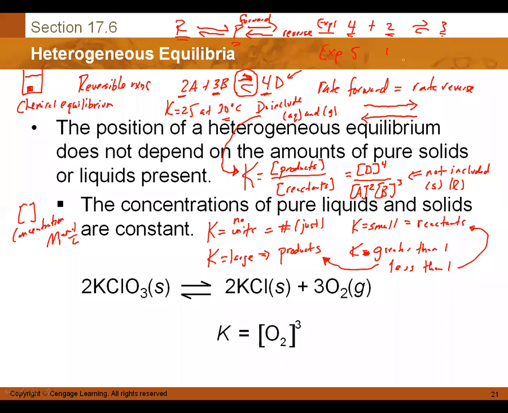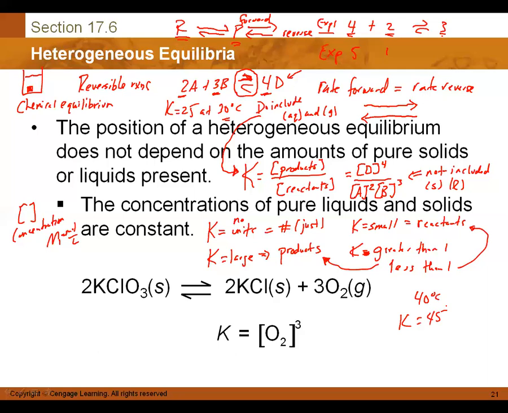So you can start with different amounts of reactants and different amounts of products. But as long as you keep the temperature at, say, 30 degrees, the ratio of the products to reactants will always be the same number, or pretty close to the same number. Now, if you take that same reaction and go, say, to 40 degrees Celsius, you will get a K value, maybe, just making it up, of 45 for that reaction.